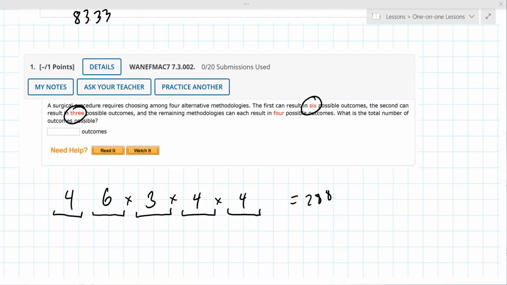Let me check the other one here and see if I can figure out how they do it. 7, 3, 4. Oh, they just add up the numbers. Oh. So that's weird. But you probably would want to remember that if you got this on the test, because it's just the addition of these numbers.